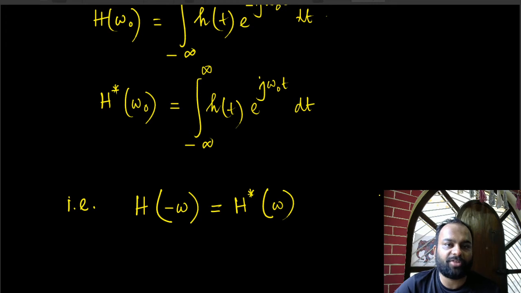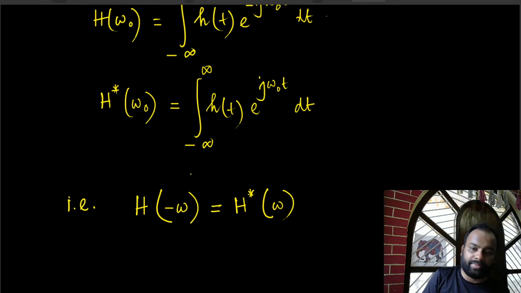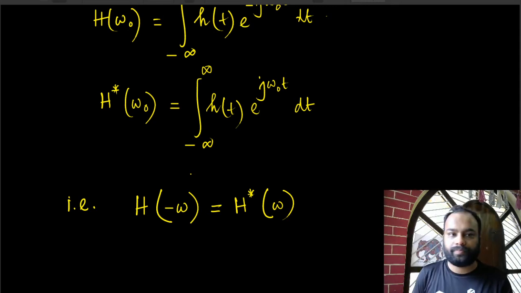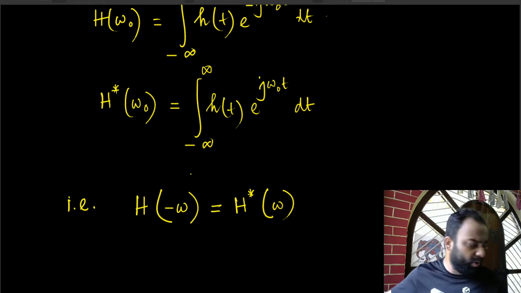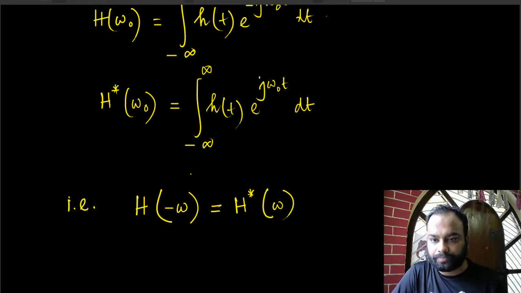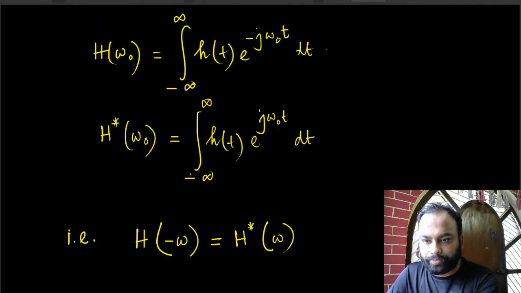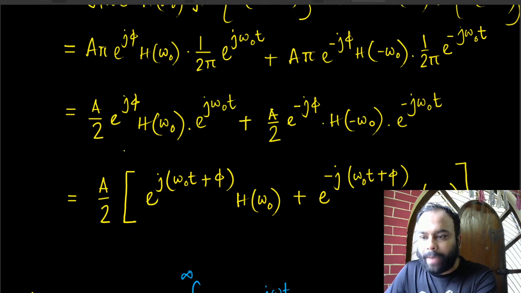If you take a Fourier transform and calculate its complex conjugate, it gives you the same thing with a minus sign here. And you can replace omega with omega naught. So with that said, let's go back.